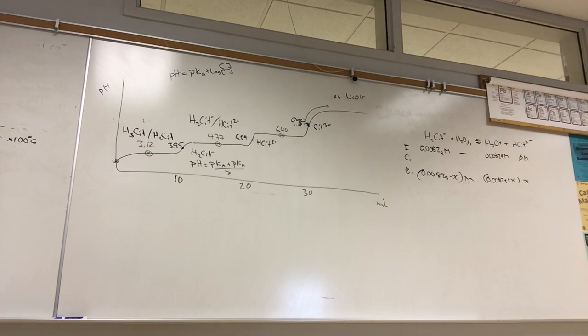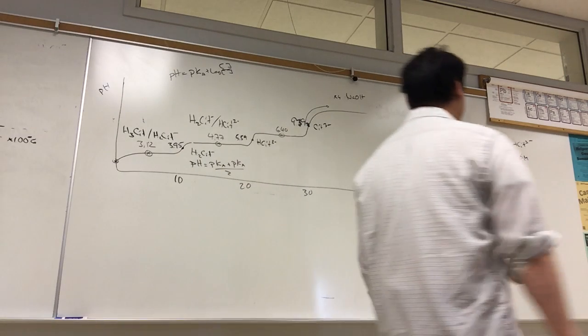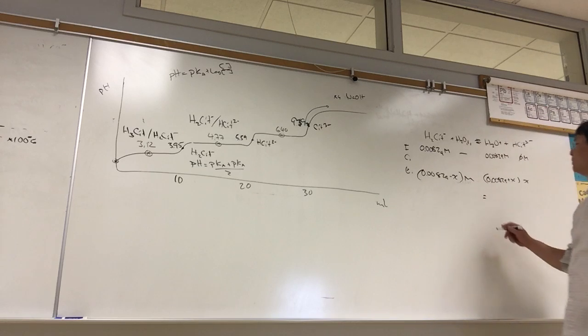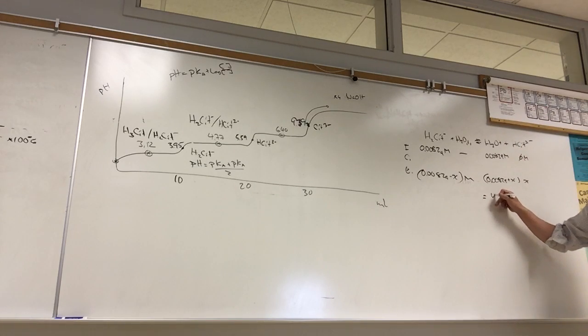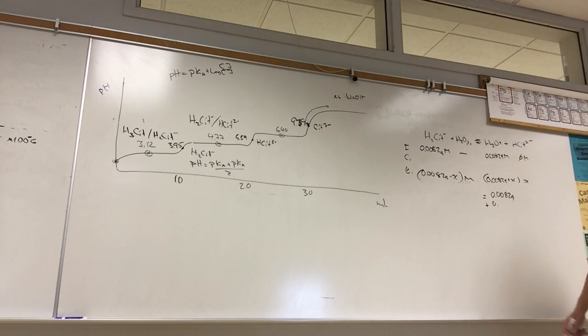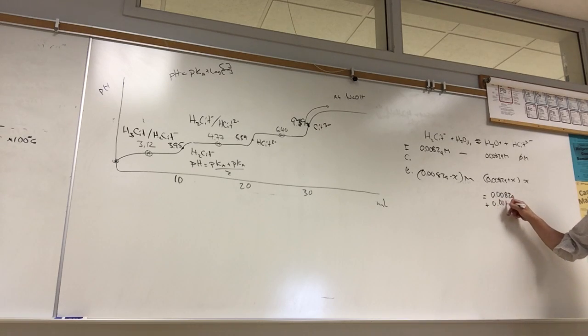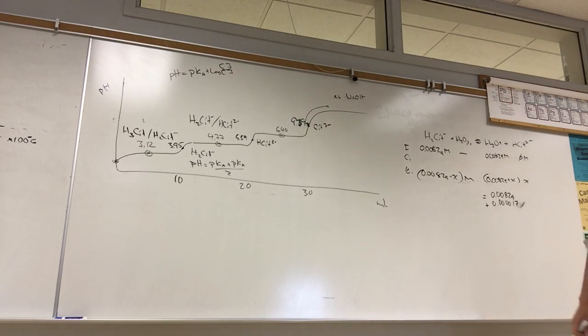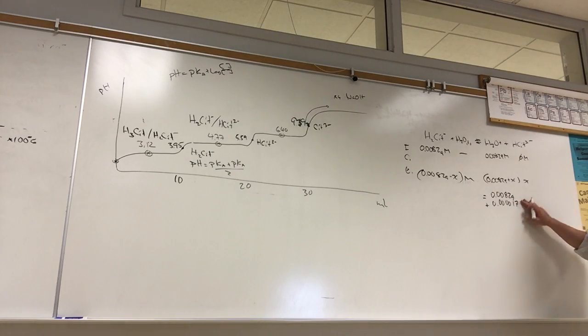Okay, let's calculate the concentrations. Did step 2 add a significant amount of hydronium? And so looking at this, we got 0.00829 plus our X, which is 0.00017.